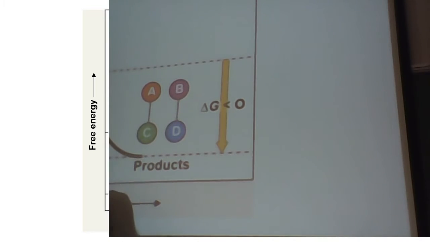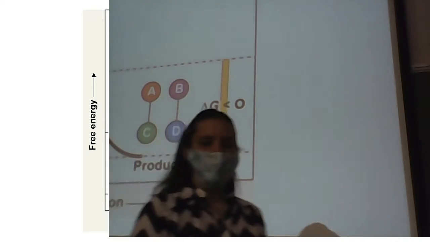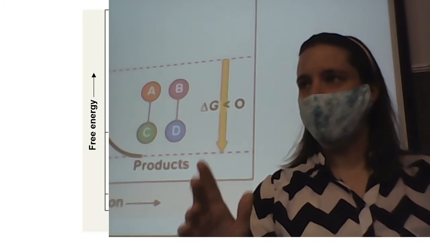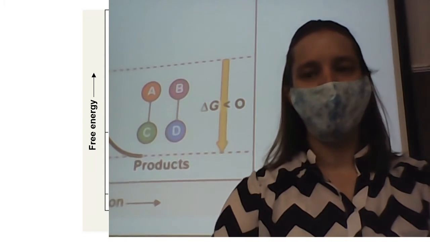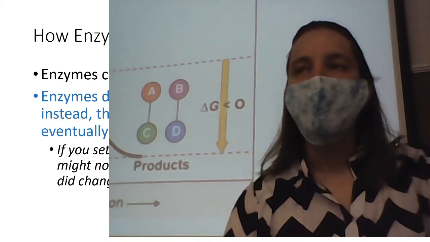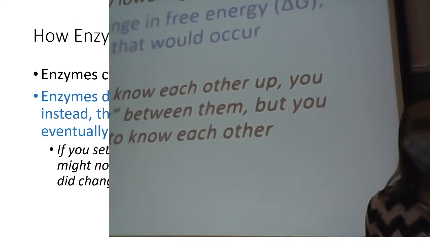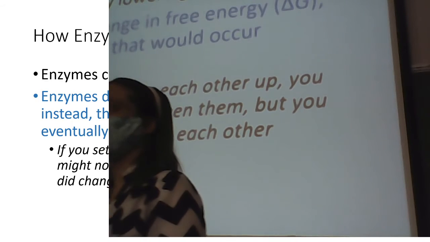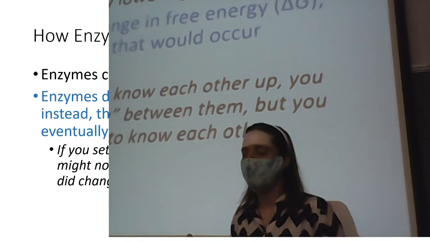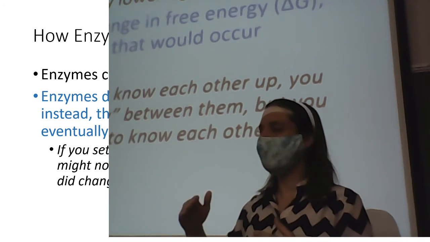So you can make it so you need less. Concerns about this? I'm going to repeat myself about 18 times between now and 11. So enzymes speed these things up just because it makes that bump that the reaction has to get over lower.